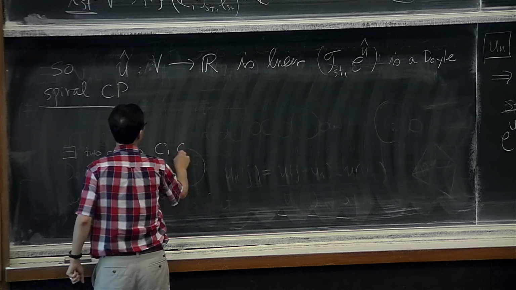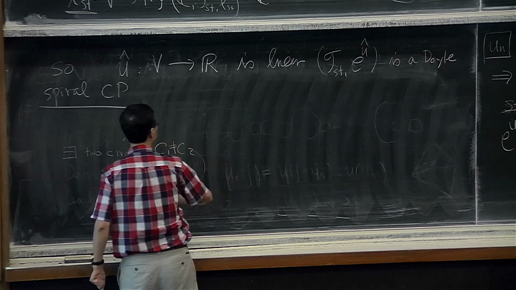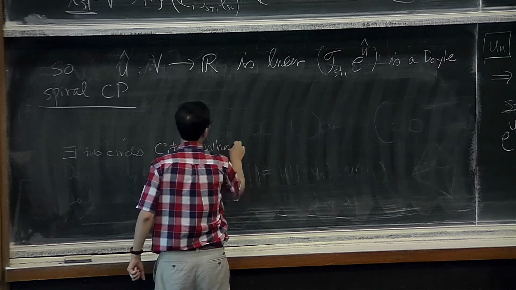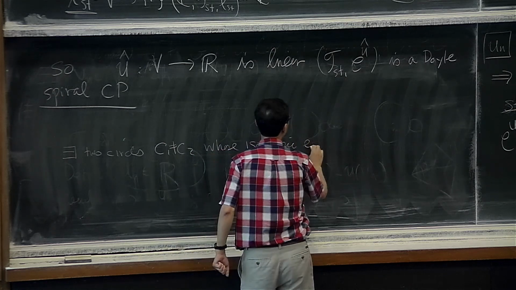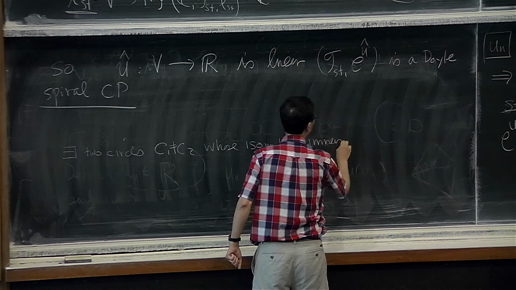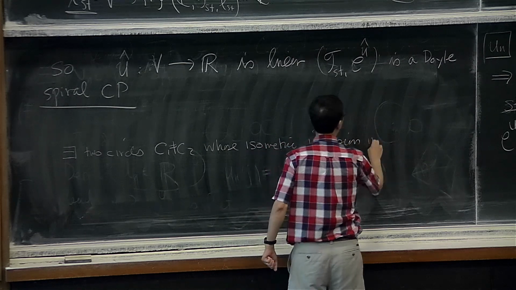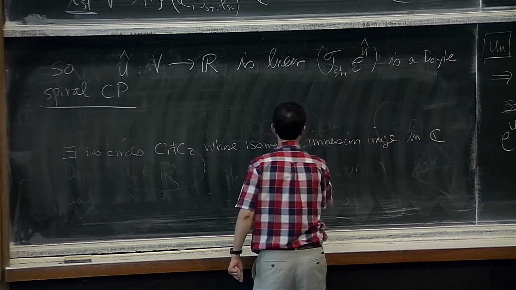C1, C2, distinct circles whose isometric immersion images in C overlap.